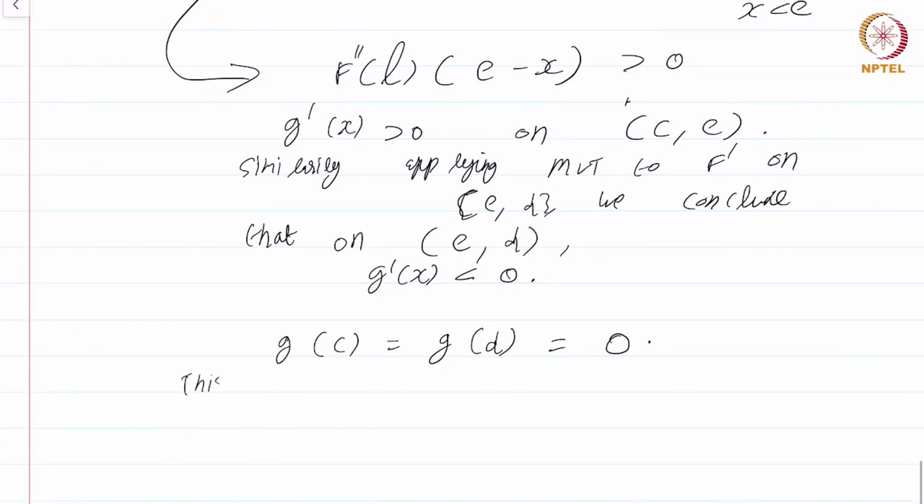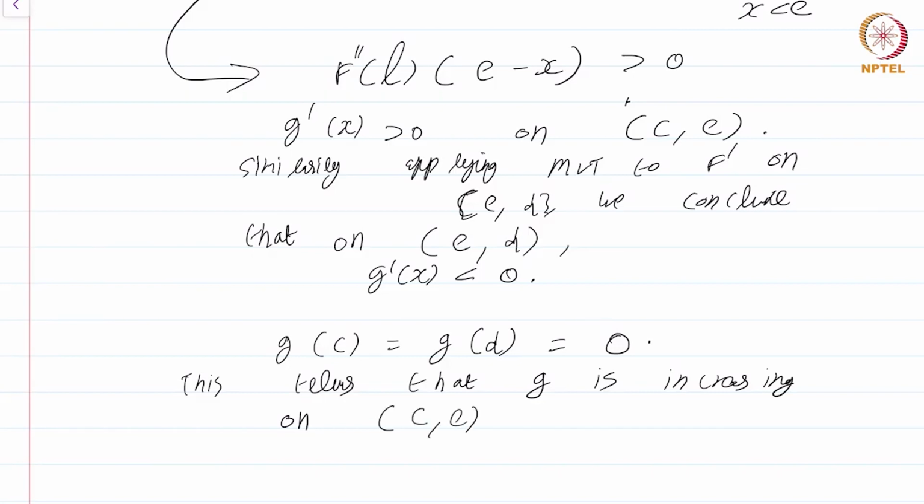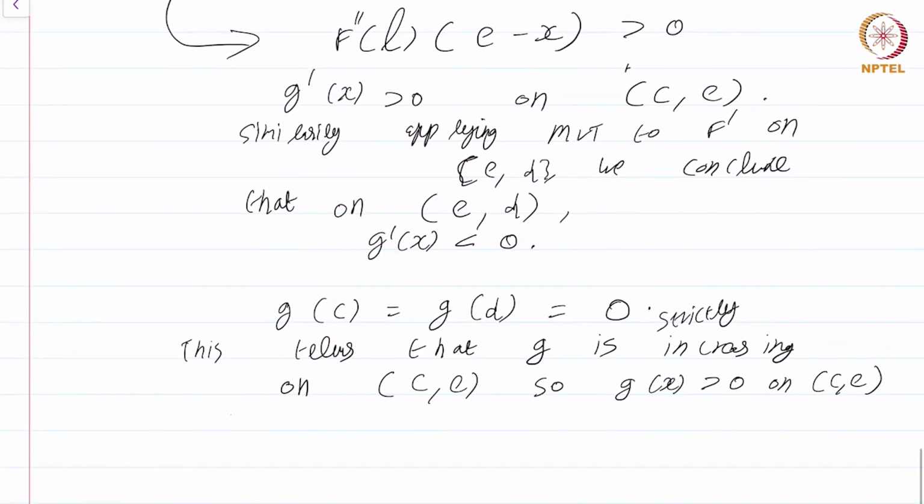Now, what does this tell us? This tells us that g is increasing on the interval (c, e). In fact, strictly increasing, because we have concluded that g prime is greater than 0. So g of x is greater than 0 on (c, e), by continuity.